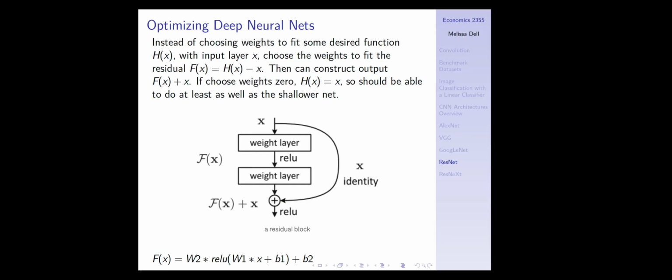So instead of trying to minimize h of x, you're minimizing the residual, h of x minus x. If you choose the weights of 0, h of x is just going to be x, right? And so you will do at least as well as the shallower net by just choosing the weights of 0. And you see here at the bottom the function for f of x.